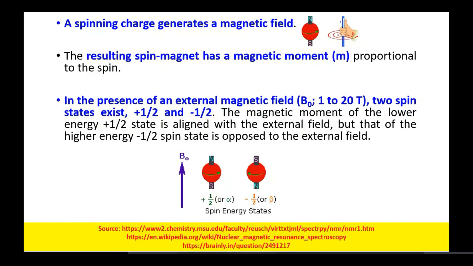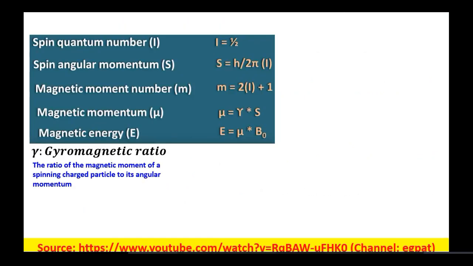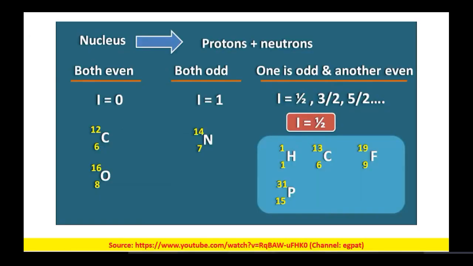If there is an excess number of protons within the nucleus, and the spin quantum number of the nucleus comes out to be I equals half, which basically comes from when, among the number of protons and neutrons, one is odd and the other is even in number.